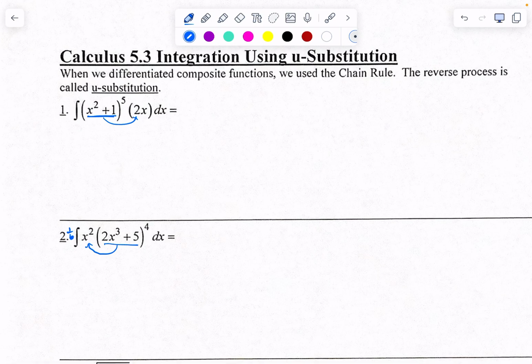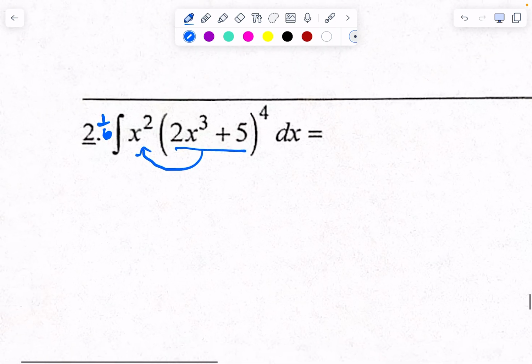I got to the point where we plugged them all back in, and now we have to find the antiderivative. On number 2, before your antiderivative, did you get 1/6 integral u to the 4th du?